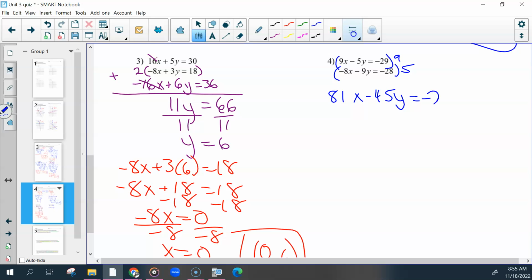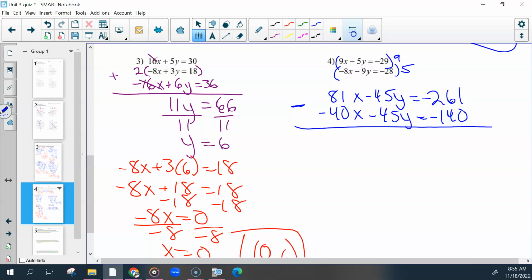261, negative 261. And then negative 40x minus 45y equals negative 140. So if we were eliminating our y's, we would subtract, and you would show that you subtracted somewhere. 81 minus a negative 40 would become adding.